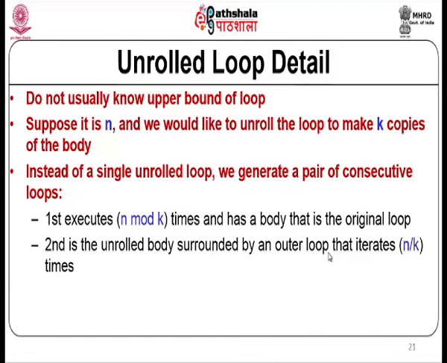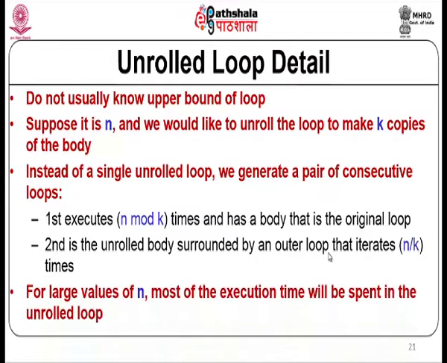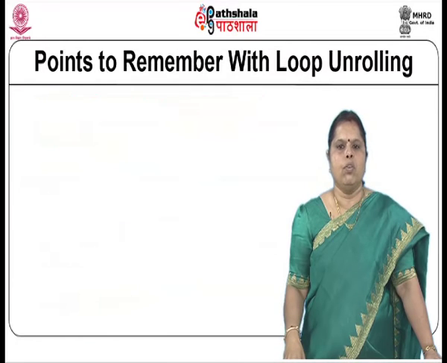So, 16 into 6, 96 times the unrolled loop will get executed, and the remaining 4 times, 100 mod 6, the original loop will get executed. So, for large values of n, most of the execution time will be spent only on the unrolled loop. So, you will get the benefit of unrolling.